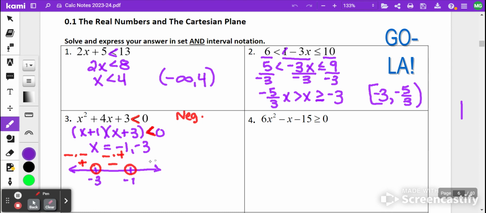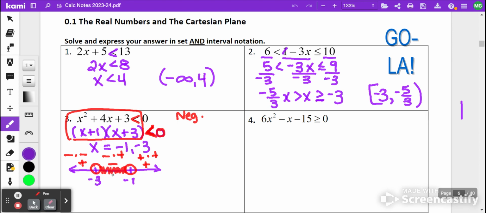And then, of course, if we choose a number over here to the right, I'm going to choose 0. 0 plus 1 is a positive. 0 plus 3 is a positive. A positive times a positive is a positive. Now let's remember, we were looking for where this was less than 0. So this is the solution right here.